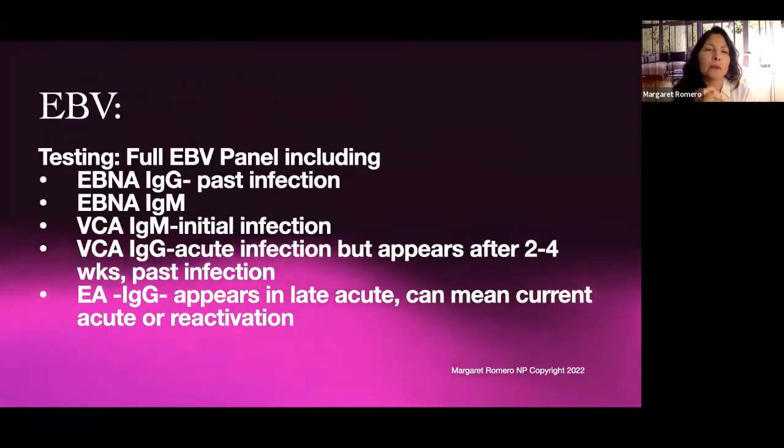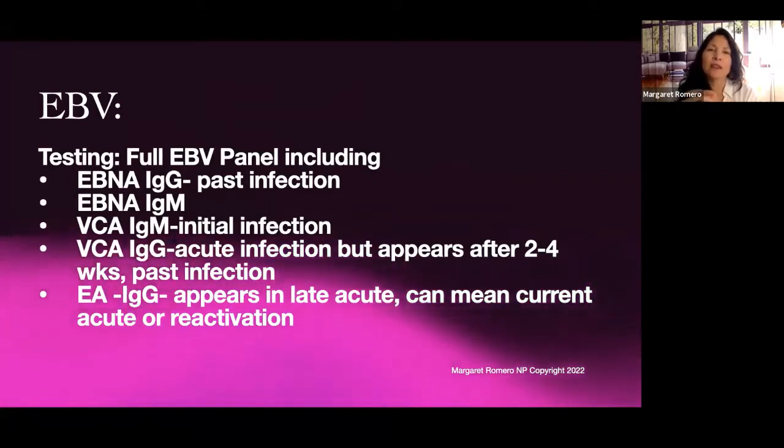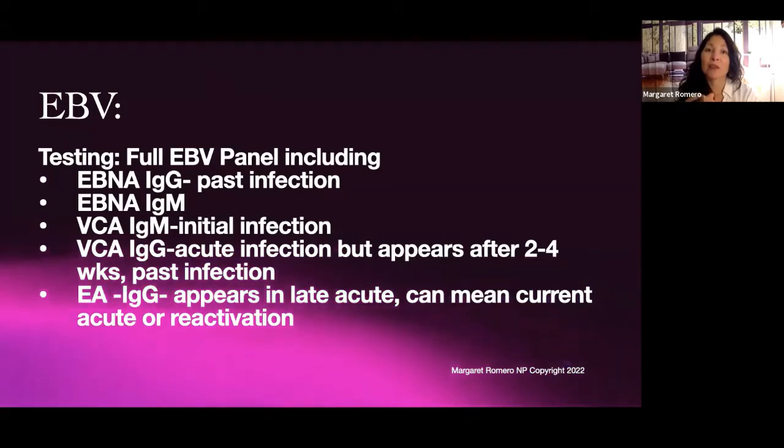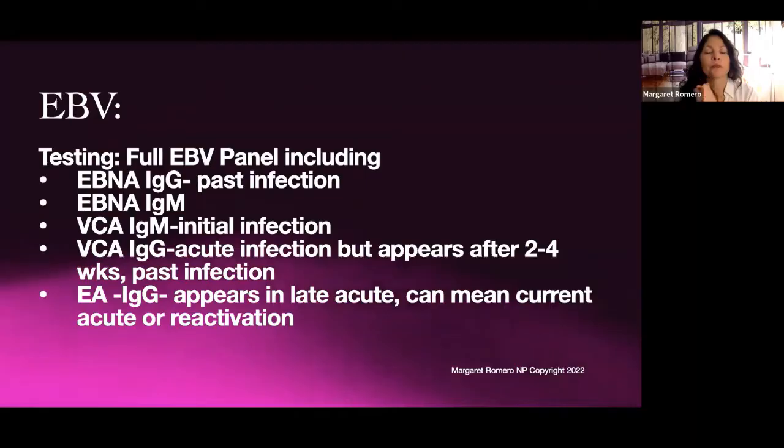All right, so Epstein-Barr virus is hands down the virus that causes autoimmune conditions. Every single one of my clients tests positive for Epstein-Barr virus, every single one of them. I know this may be a little difficult to read, but I wanted to show you this.